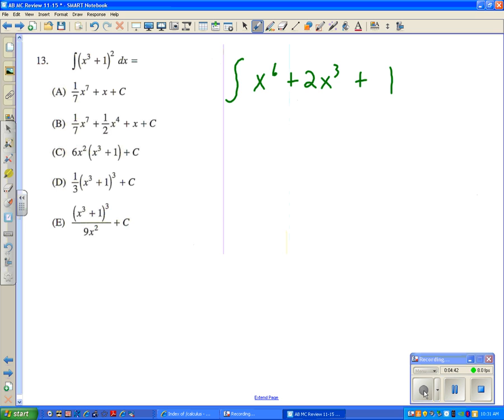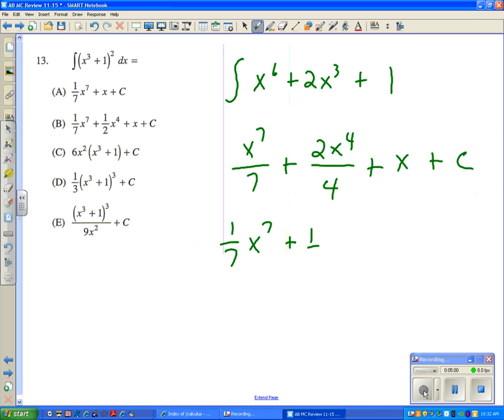So integrating now, won't we get x to the 7th over 7 plus 2x to the 4th over 4 plus x plus c, or 1/7 x to the 7th plus 1/2 x to the fourth plus an x plus a c, it seems that B is the answer.